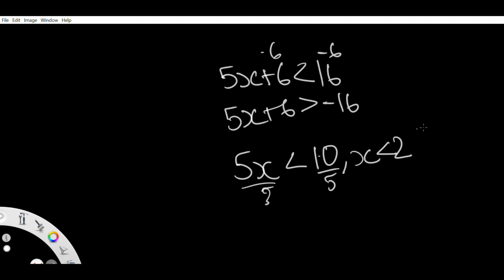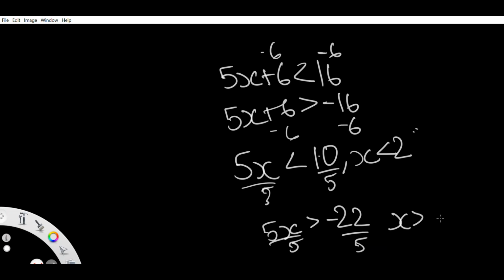So this would be part of our solution. Now we need to subtract 6 like we did for the first one to get 5x is greater than negative 22. And if we divide by 5 on both sides, we'd get that x is greater than negative 4 and 2 fifths, which is basically negative 4.4.